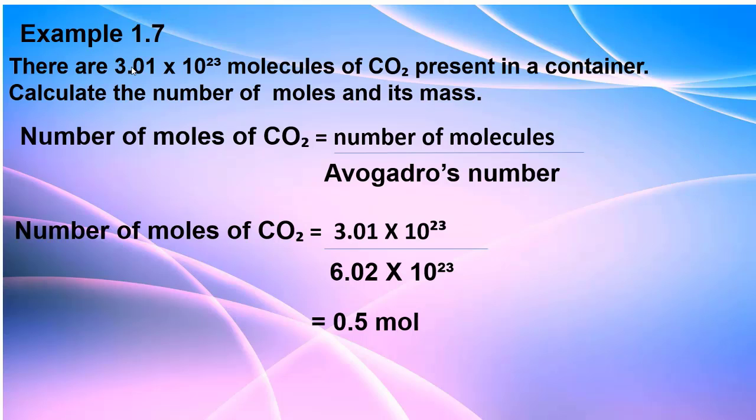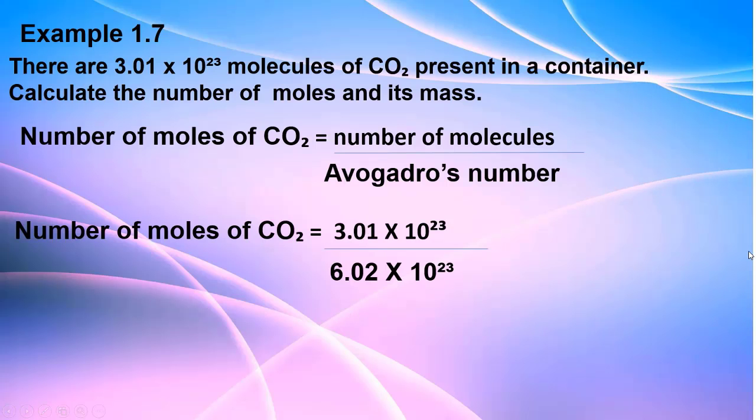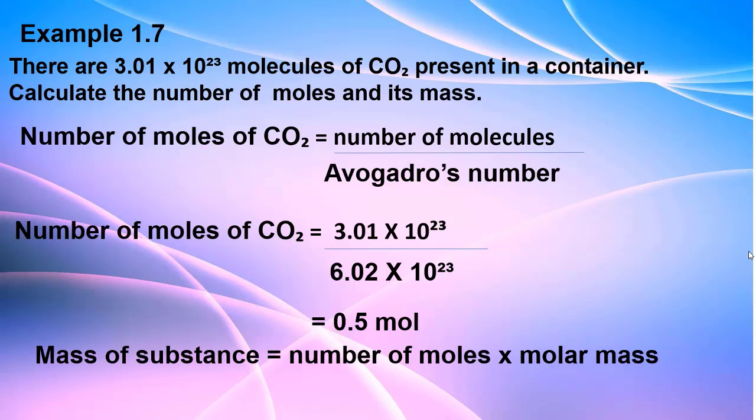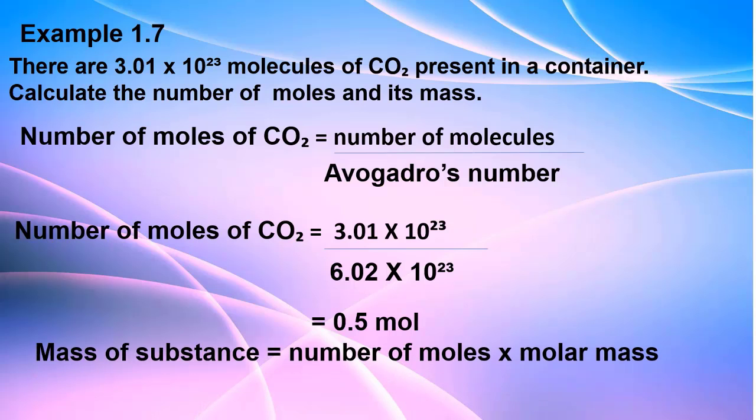So 0.5 mole are present in 3.01 into 10 raised to 23 molecules of carbon dioxide. Now we shall calculate its mass by multiplying number of moles with molar mass. When the number of moles is multiplied by the molar mass, the answer will be 22 grams.